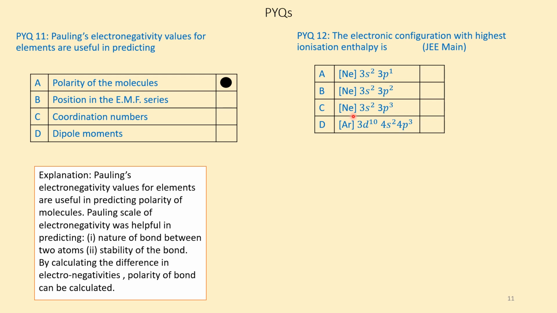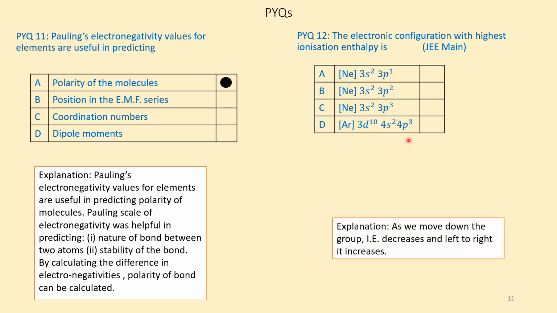Option D is Ar 3d¹⁰ 4s² 4p³. So which configuration has the highest ionization enthalpy? You have to remember. Please pause the video and mark your answer. I will give the correct answer.